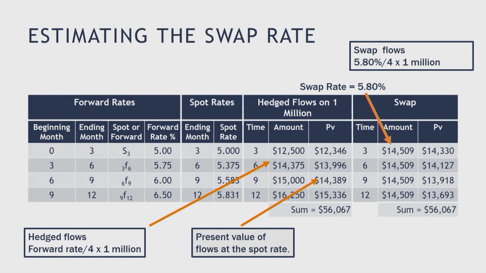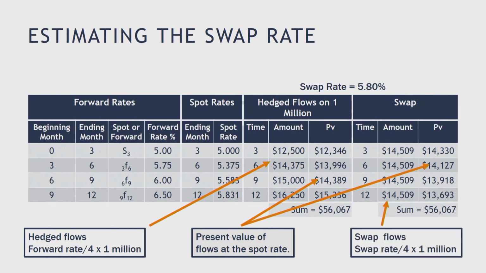And if I pick any one, I would determine what the swap flows are. In this particular case, assuming a swap rate of 5.8%, the swap flows would be 5.8% divided by 4 times 1 million. So each one of these payments would be exactly the same. And then I'm going to take the present value of each one of these using exactly the same spot rates I used for the hedge flows, okay?